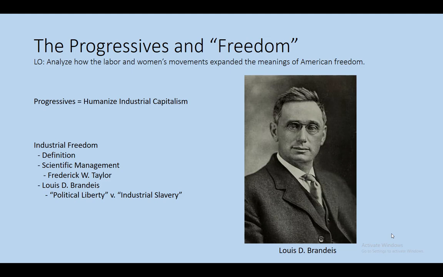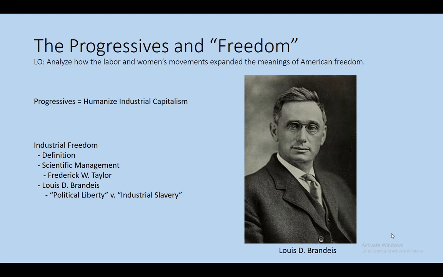So we're now going to talk about the learning outcome: analyze how the labor and women's movements expanded the meanings of American freedom. To begin talking specifically about the progressives, you need to remember that progressives do not denote a political party per se. There were Republicans who identified themselves as progressives.